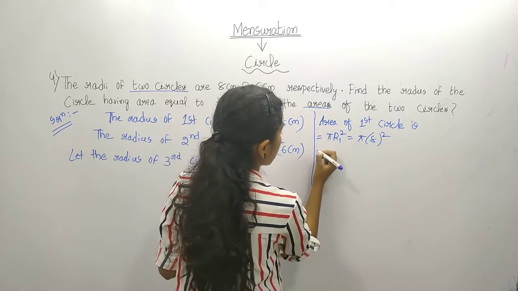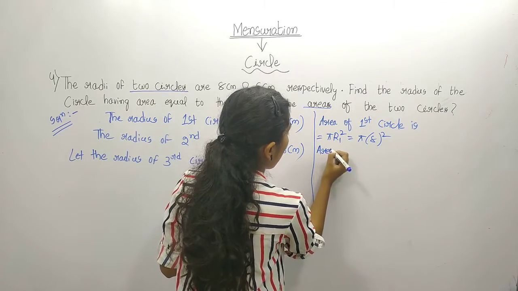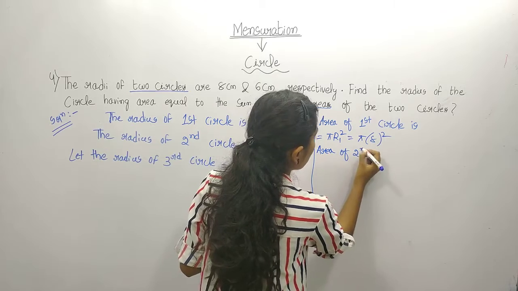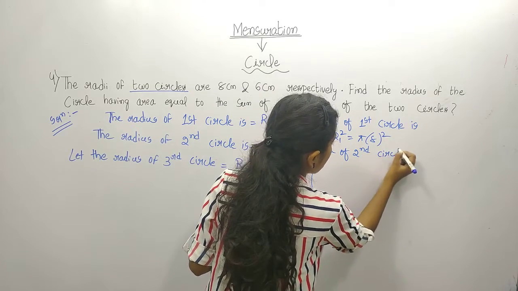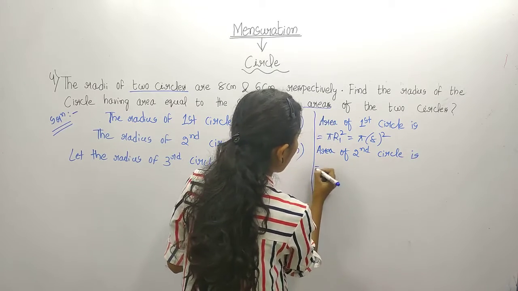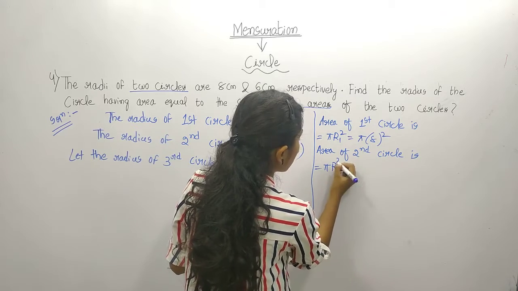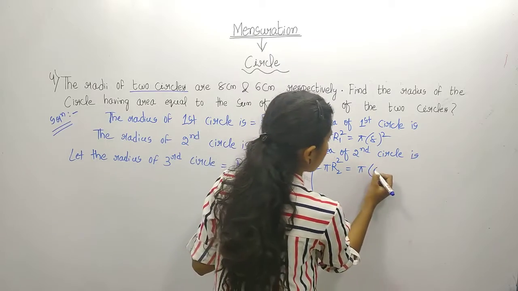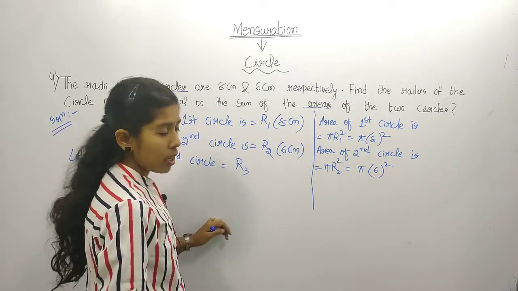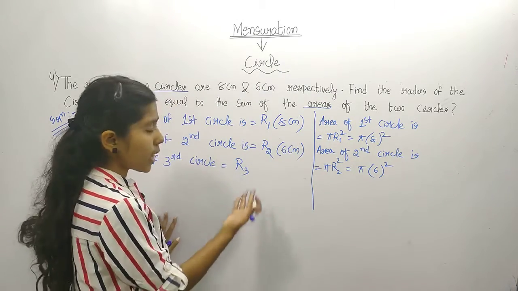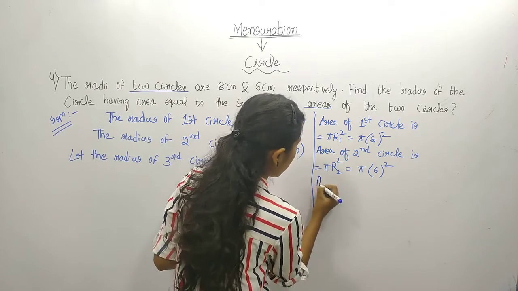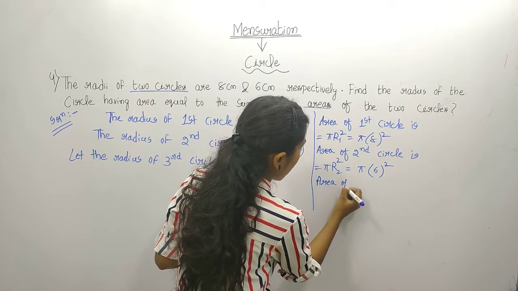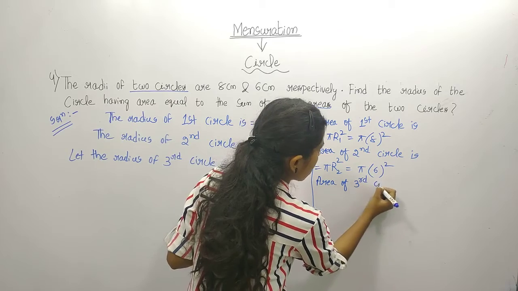Next, area of the second circle is pi r2 square equals pi, r2 is 6 cm, so 6 square. Now you have to find the area of the third circle.